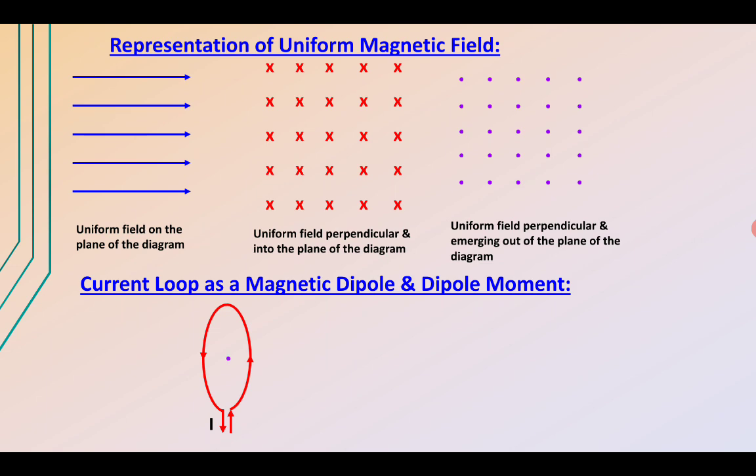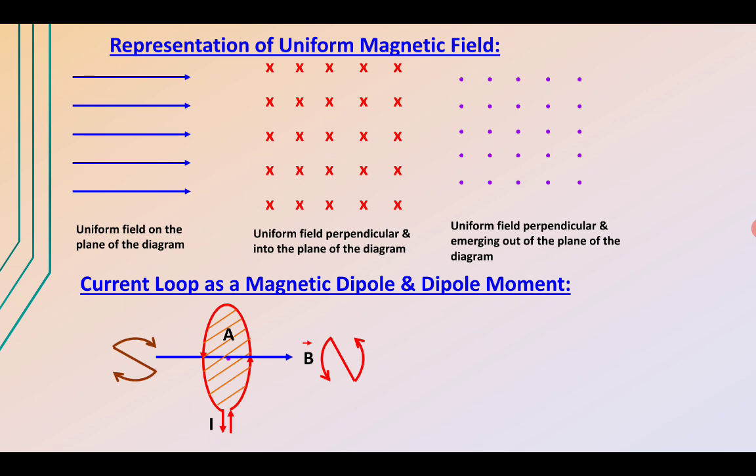This dot represents the direction of the magnetic field which is emerging out, and here it is represented with the arrow that B is the uniform magnetic field emerging out through the center of this circular current carrying loop whose area is A. The face from which the magnetic field is coming out represents the south pole, this one represents the north, and this is the plane of the current carrying loop.